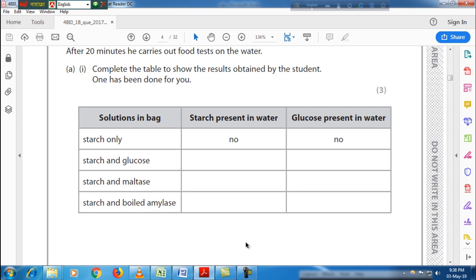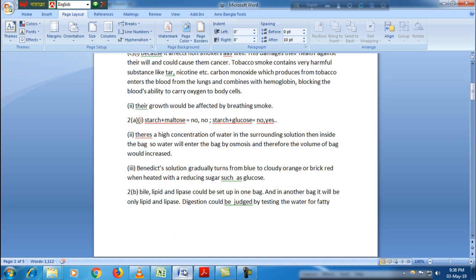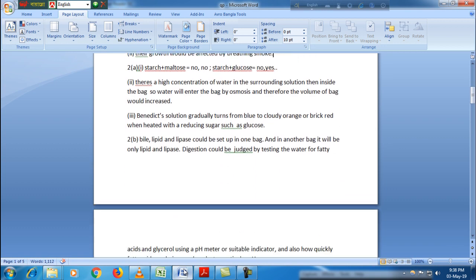So it will remain in the bag. Starch could break down and convert to glucose, but starch is not able to break down as there is no enzyme. Now the second column, there is starch and glucose in the bag.